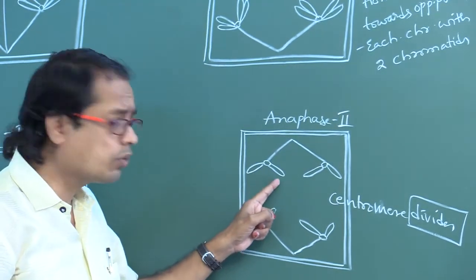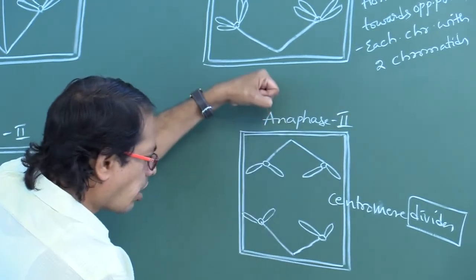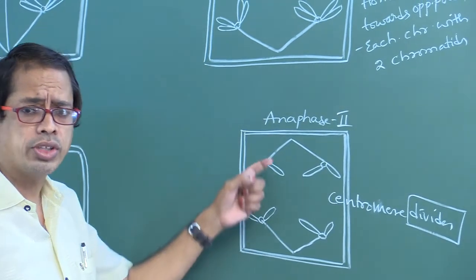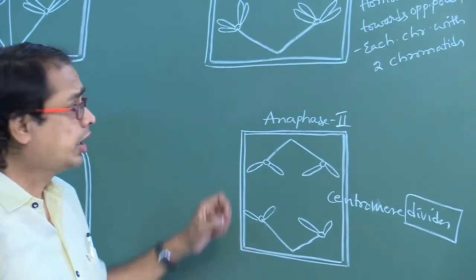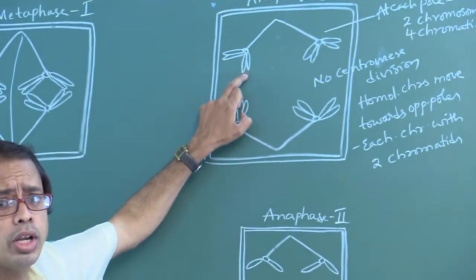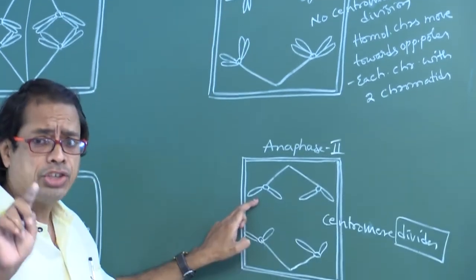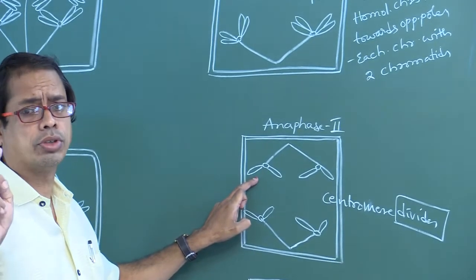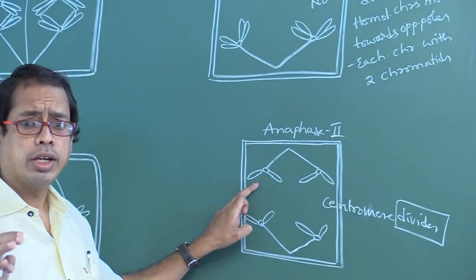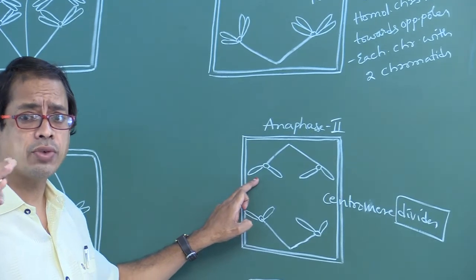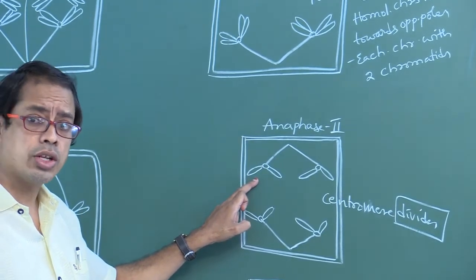Each chromosome with one chromatid moves towards opposite poles. At each pole the number of chromosomes is 2. In anaphase 1 it is 2, and in anaphase 2 also 2 only.